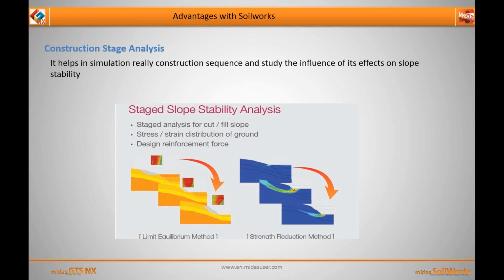It helps in simulation of real construction sequence and studying the influence of its effects on slope stability. As I was discussing, when a pile abutment case is there, you could study its effect considering the construction sequence, that is the excavation and backfilling, and hence it becomes very important.